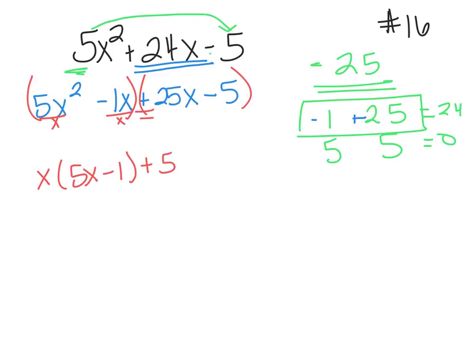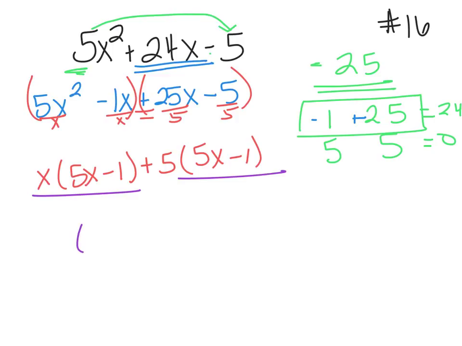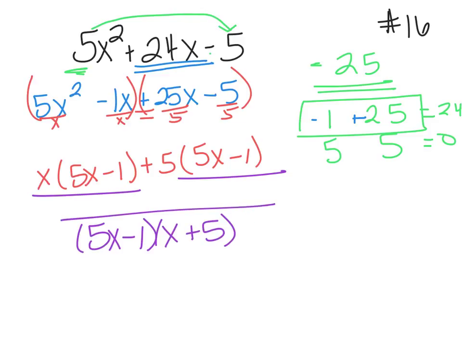Whatever this sign is, I'm going to take that out. When I divide 5 out here, I'm left with 5x minus 1. Now, what do I have in common between this and this? In common, I have a 5x minus 1. Left over, I have an x plus 5. And there's how I factor with a leading coefficient.